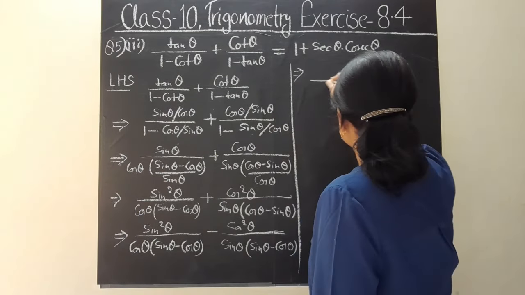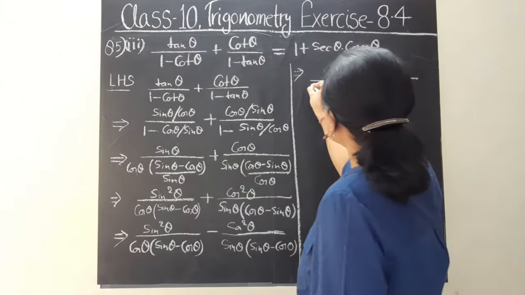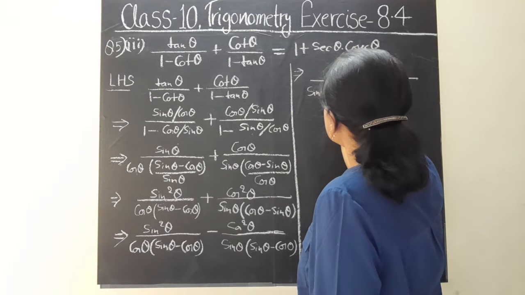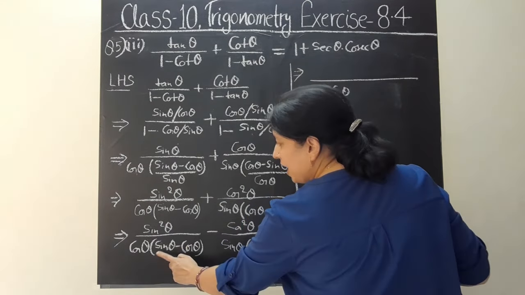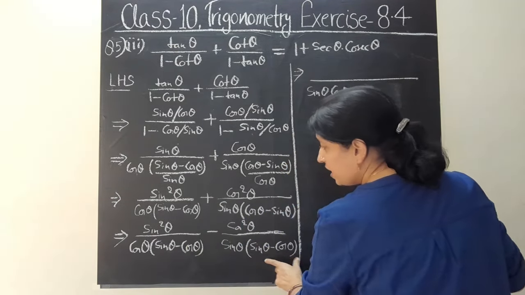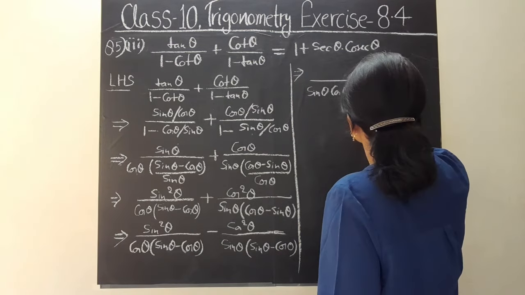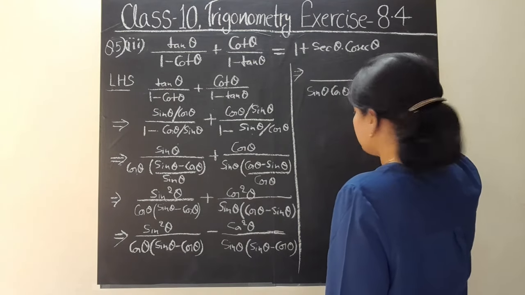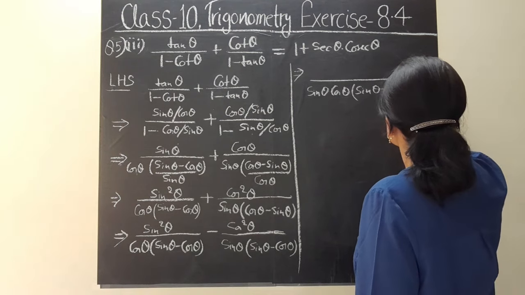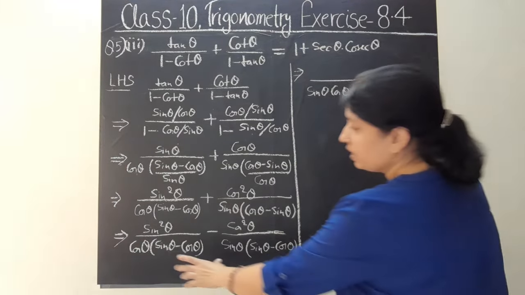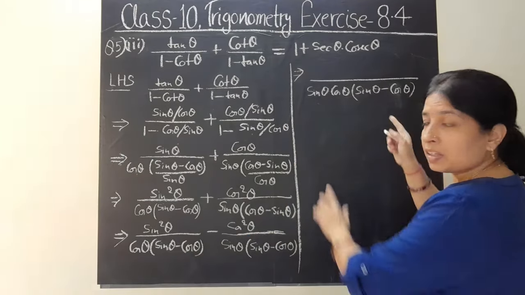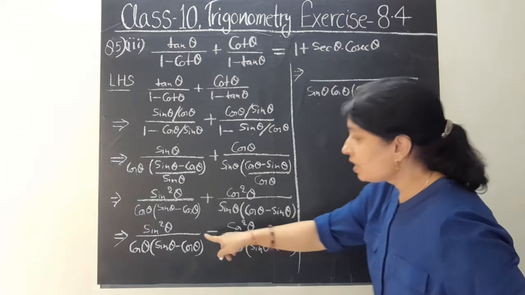Now take LCM. What will be LCM? LCM will be sin theta cos theta into sin theta minus cos theta. So when you divide this, then you will get sin theta.